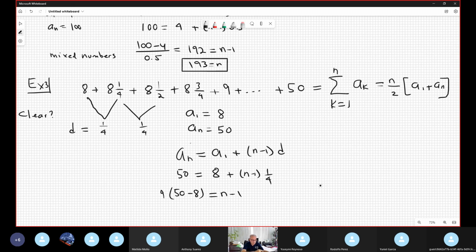So 50 minus 8 is 42, multiplied by 4 is 168, therefore n is 169. Okay, so my summation is from 1 to 169.